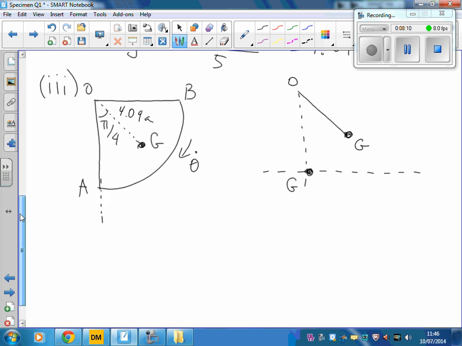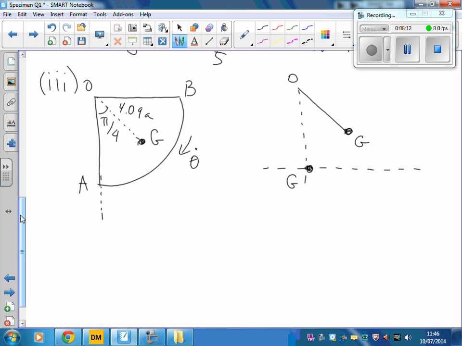Now, we can use conservation of energy in order to find the maximum angular velocity at this point. Let's assume that at this moment we have zero gravitational potential energy. So at this level, GPE is 0, and we'll measure GPE with reference to this point.